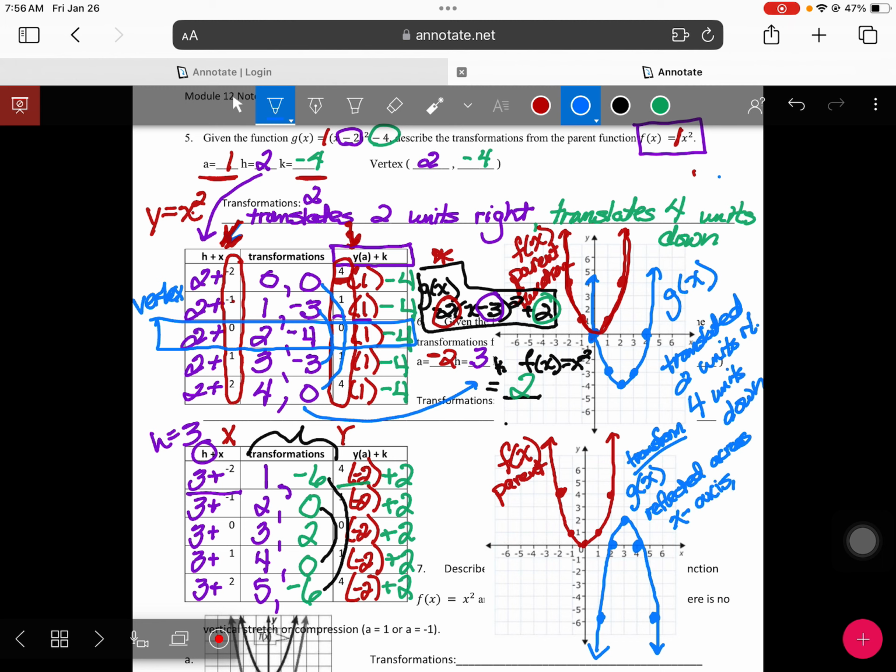My A was a negative, so that takes care of the negative. The 2 says it is a vertical stretch of 2. Vertical stretch of 2. And remember, that's downward, right?